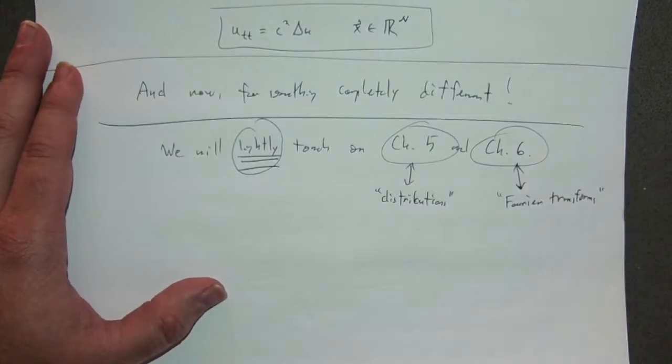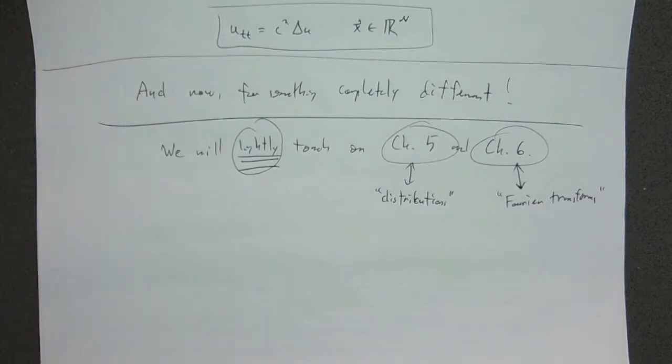Now, we are going to do what are called Fourier series later in the course when we do separation of variables. And I will talk briefly about the relationship between Fourier series and the Fourier transform. The Fourier transform, I can't possibly tell you how important it is. It's like one of the most important things ever. And so it's covered nicely in this chapter.